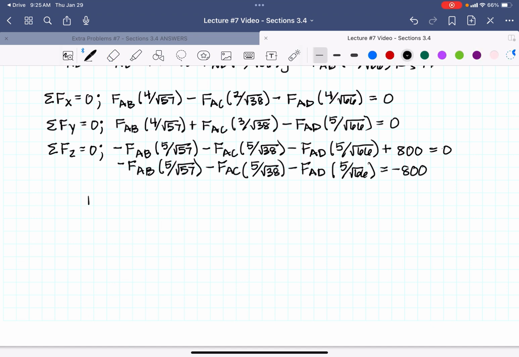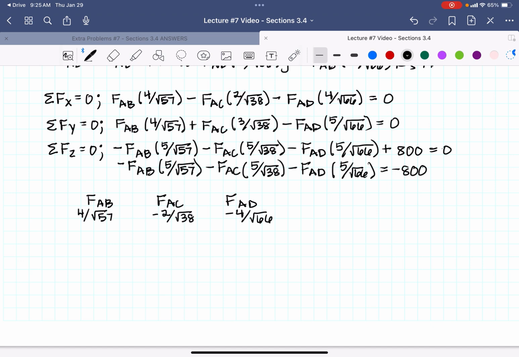So I'm going to have FAB first, FAC second, and FAD third. And I have 4 over the square root of 57. Negative 2 over the square root of 38. And for FAD, I have negative 4 over the square root of 66.